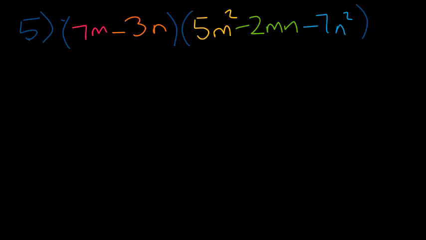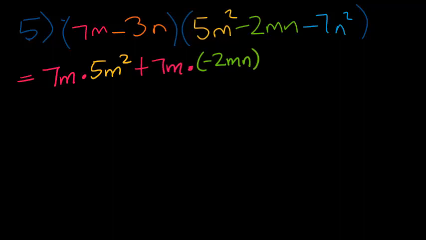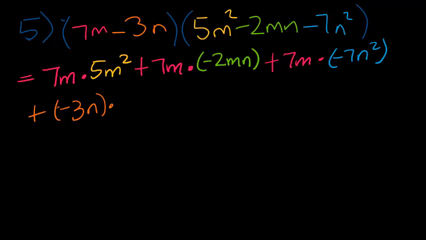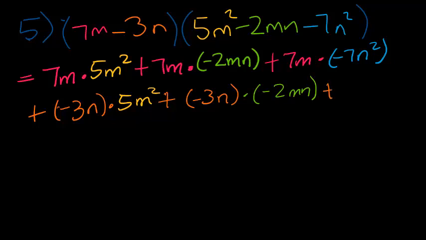Number 5, I start with 7m times 5m squared plus 7m times minus 2mn plus 7m times negative 7n squared plus negative 3n times 5m squared plus minus 3n times minus 2mn plus minus 3n times minus 7n squared.